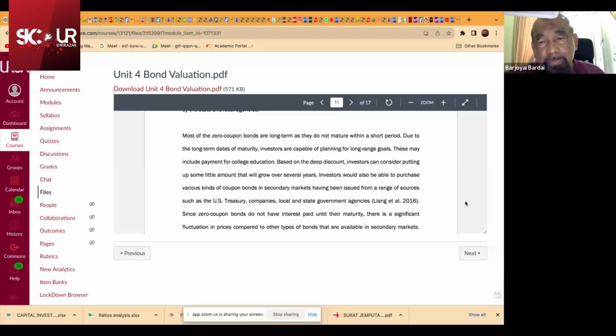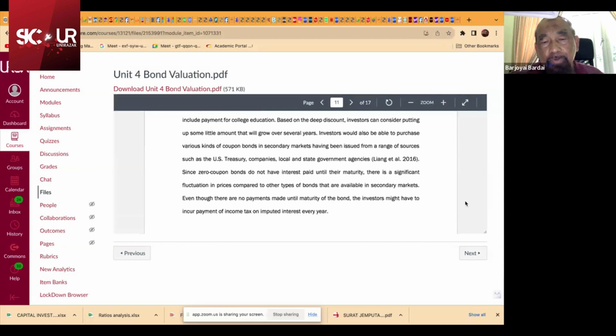Based on the deep discount, investors can consider putting up some little amount that will grow over several years. So investors would also be able to purchase various kinds of zero coupon bonds in the secondary market, having been issued from a range of sources such as the US Treasury, companies, and local and state government agencies.